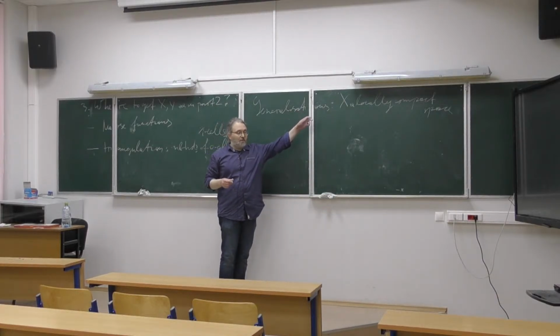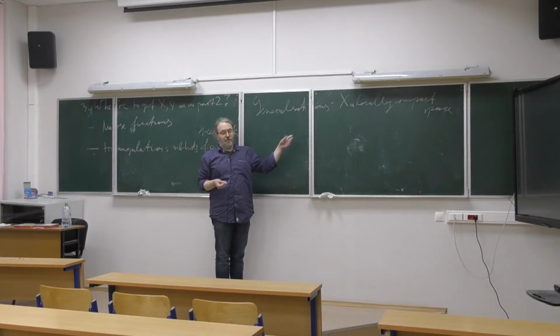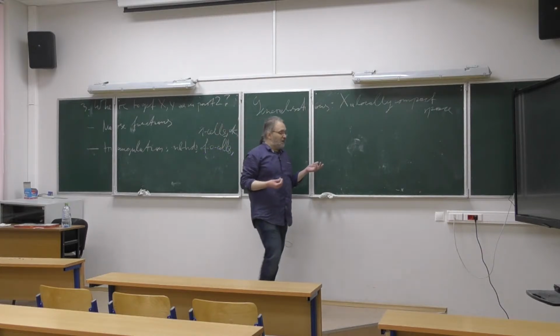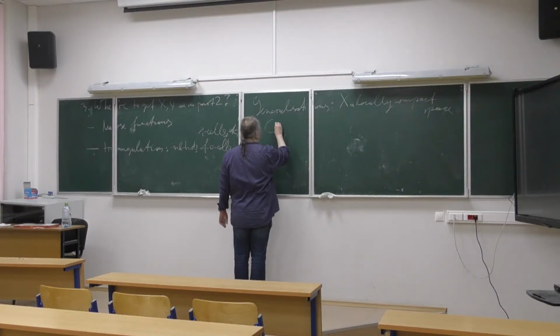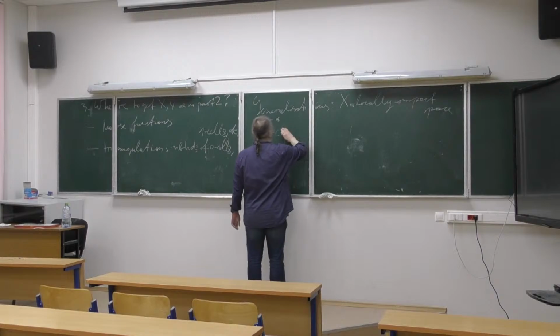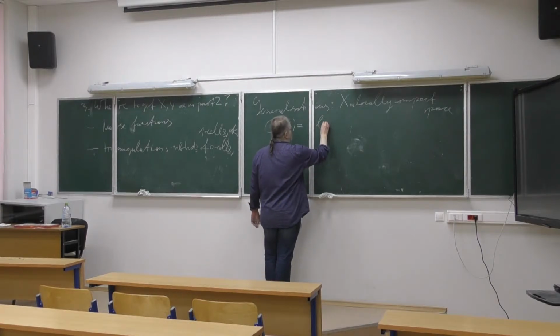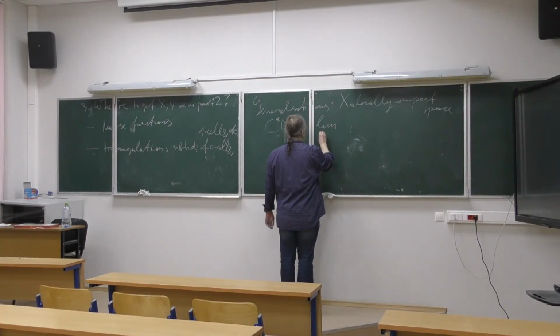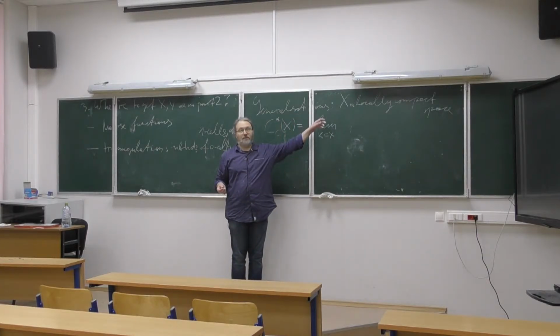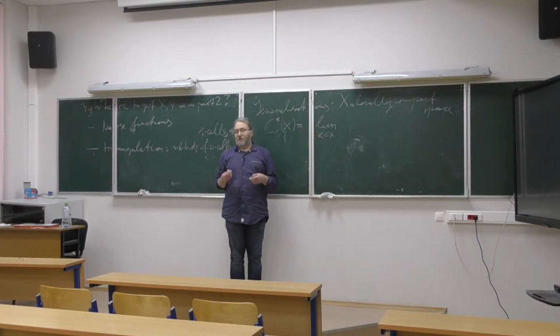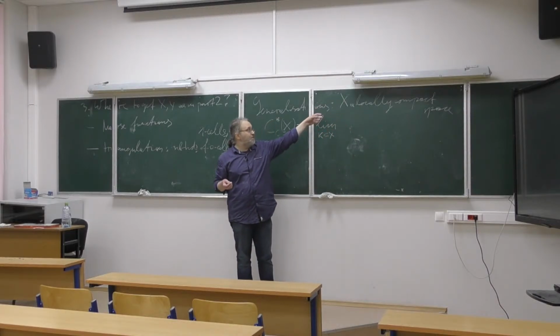Suppose we have a locally compact space, any manifold would do. Well, the definition makes sense for non-locally compact spaces, but then some of the properties break down. So let's assume X is locally compact.